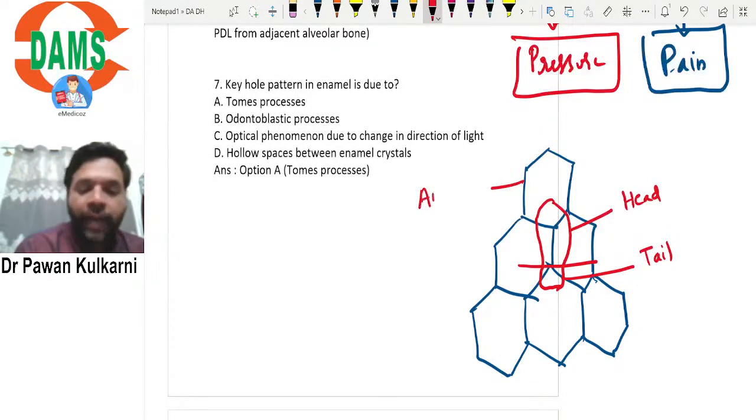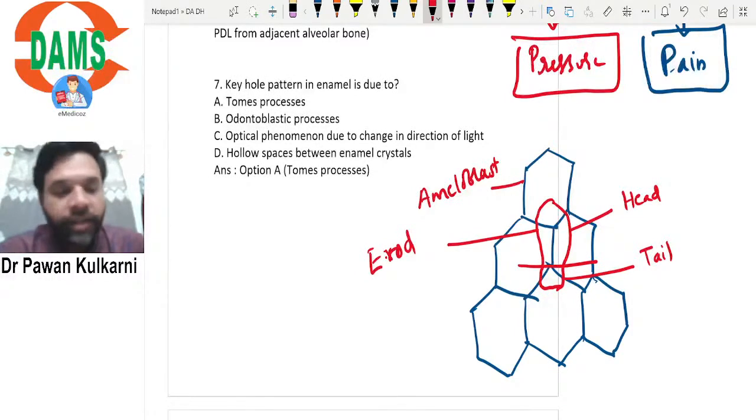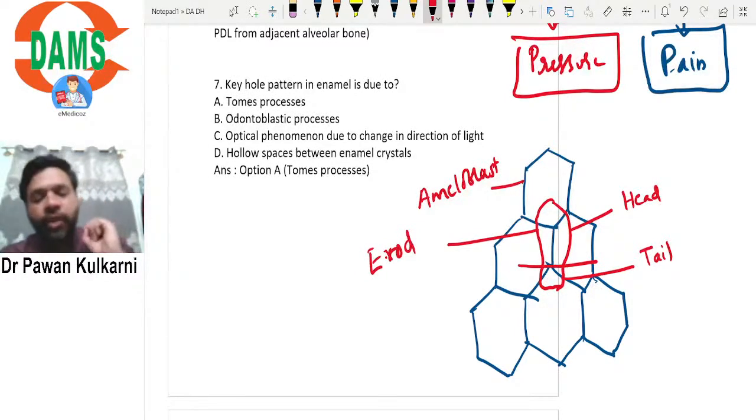This is an ameloblast, hexagonal structure, and this keyhole structure that you see here is basically the enamel rod. So you can see that this keyhole pattern is basically because of the ameloblasts. The ameloblasts are responsible for this enamel rod.